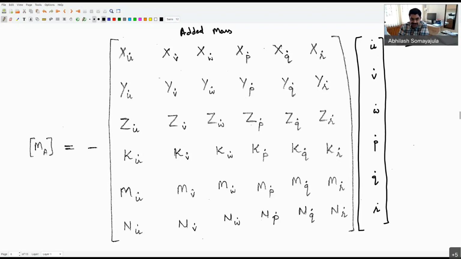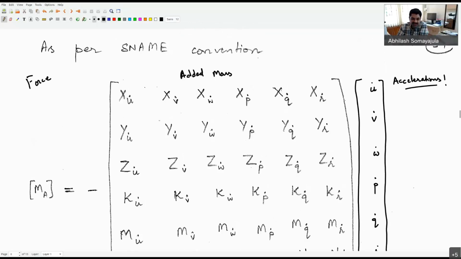But nevertheless, the idea is that mass times acceleration will be the force. So that inertial force is due to the fluid which is moving with the body, and we are trying to capture that part of the dynamics here.